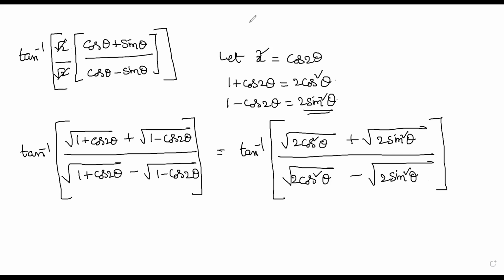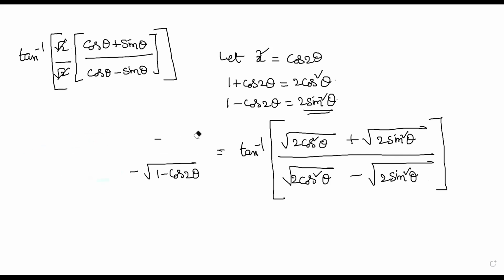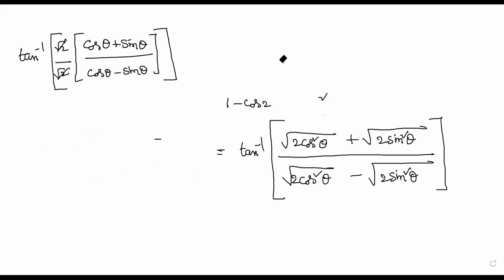Now let's write the next term. What we can do: divide the numerator and denominator. These are the exact steps. If you follow them, then you can get the answer pretty quickly. Divide numerator and denominator with cos theta.